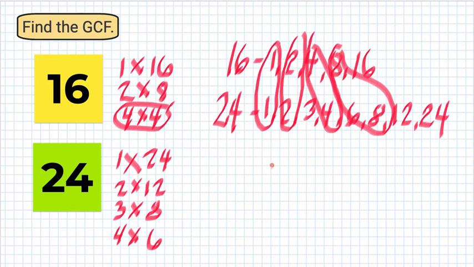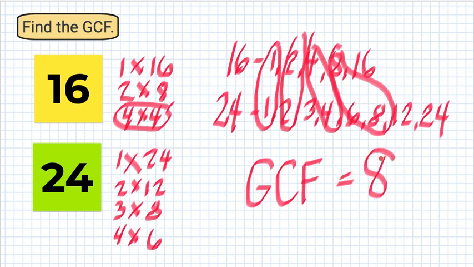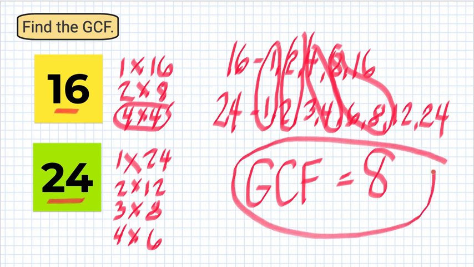But take note, we need to get the greatest common factor among the four numbers. Which is the greatest? The greatest is 8. So therefore, the GCF of 16 and 24, or the largest number that can exactly divide 16 and 24, is 8.